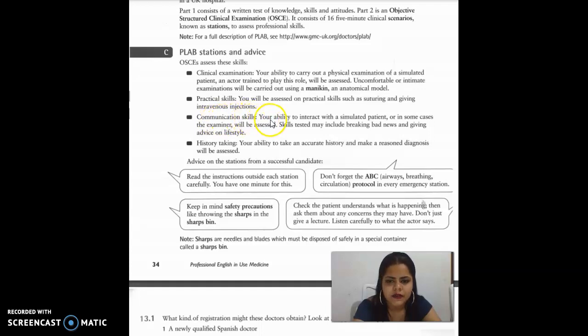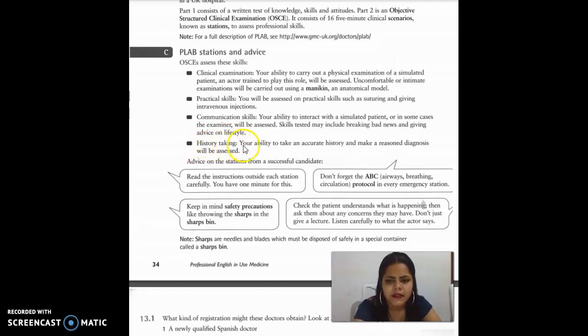Communication skills: your ability to interact with a simulated patient, or in some cases the examiner, will be assessed. A skills test may include breaking bad news and giving advice on lifestyle.